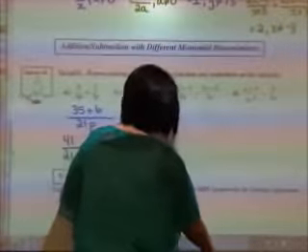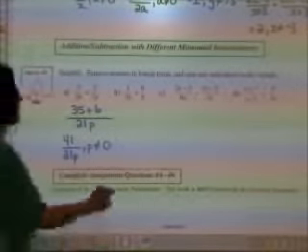Take a look at b. What would be my common denominator? It would be 15y.